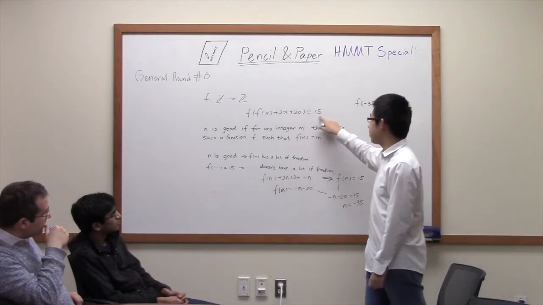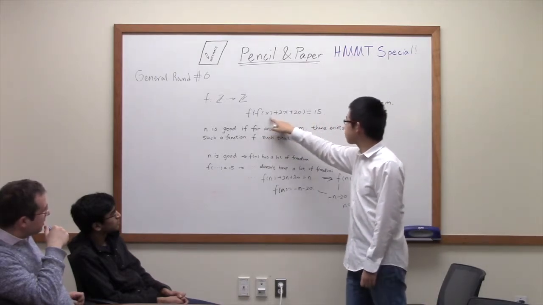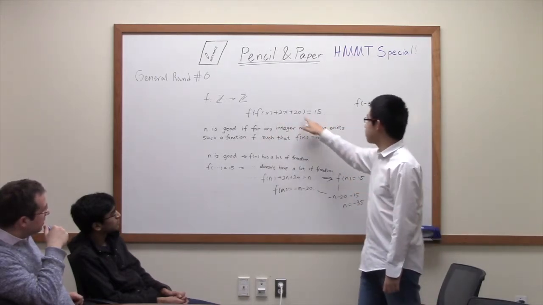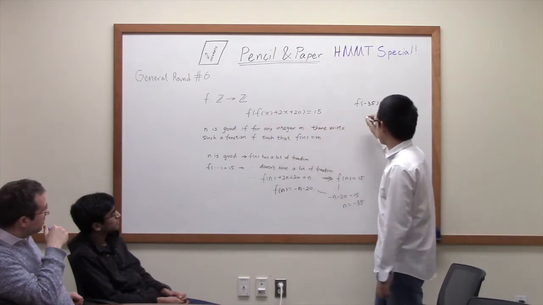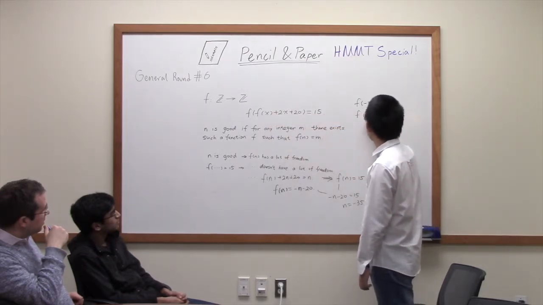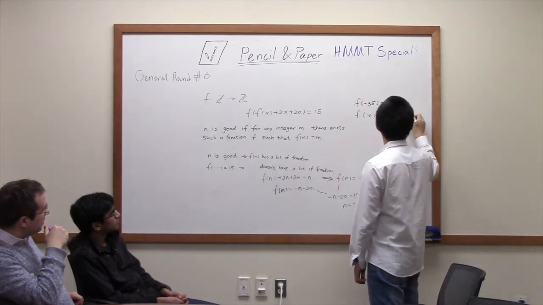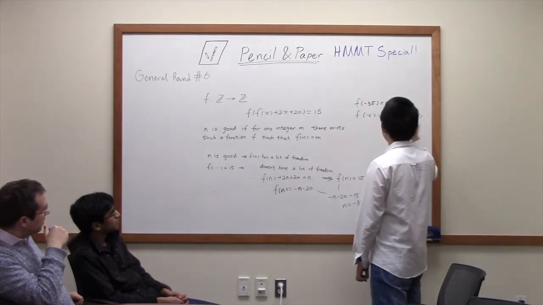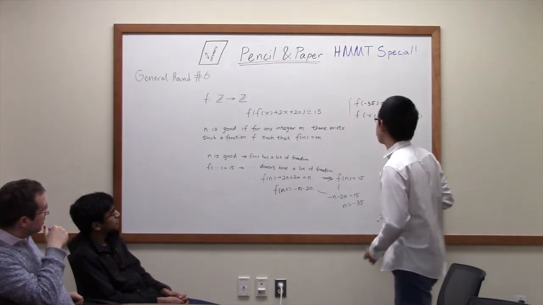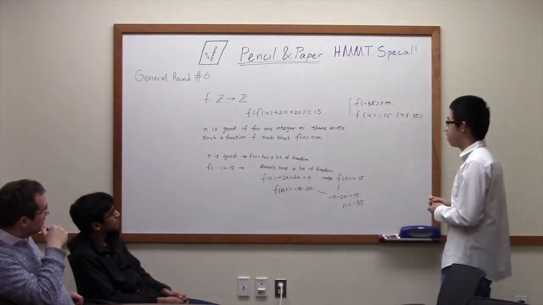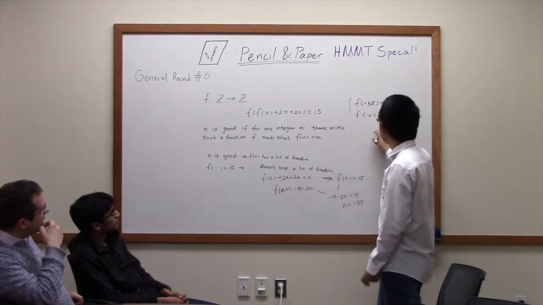We see that a lot of stuff equals that, and we see that f of something equals 15. So why don't we just make everything else equal 15, for x not equal to negative 35? So this is our definition of the function. And let's see how it turns out.